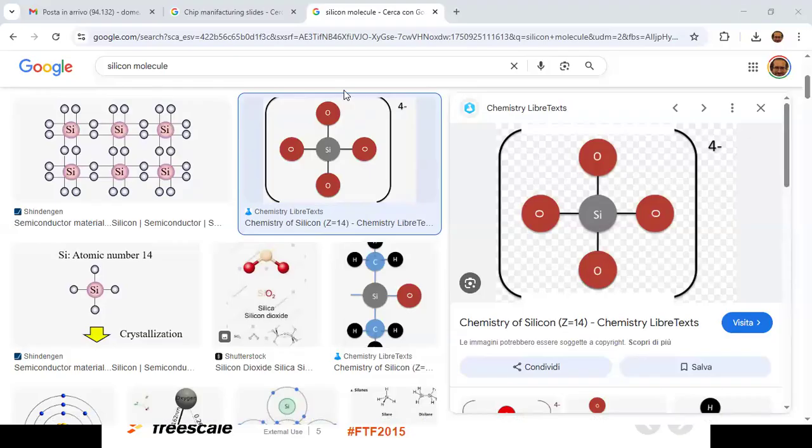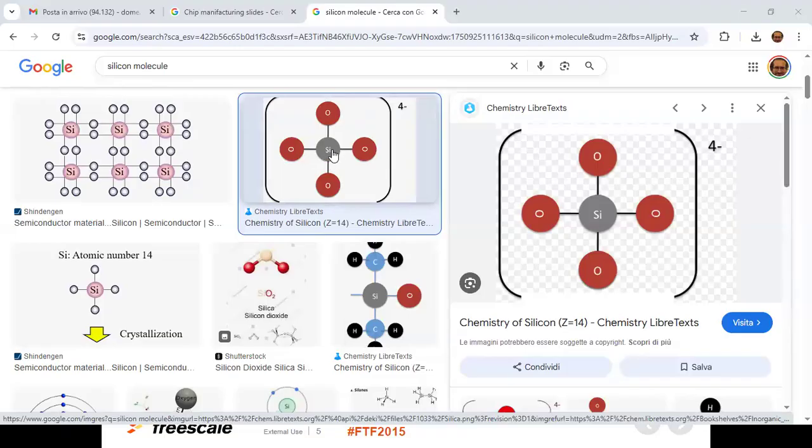Silicon, indeed, is a molecule, okay, a molecule that is made basically by a silicon atom and four oxygen atoms, okay. So this is the basic molecule of silicon.